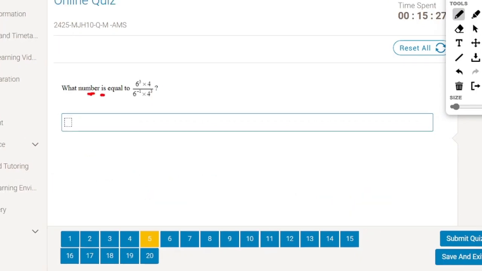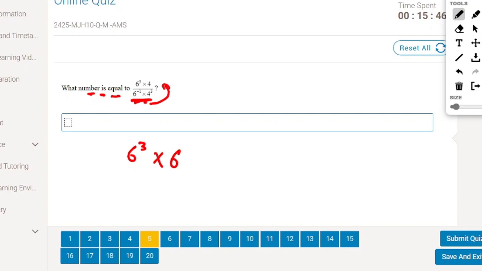What number is equal to 6 to the power of 3 multiplied by 4, divided by 6 to the power of minus 1 multiplied by 4 to the power of 3? We solved this question already before. So it will be 6 to the power of 3. We flip these two numbers to the numerator.